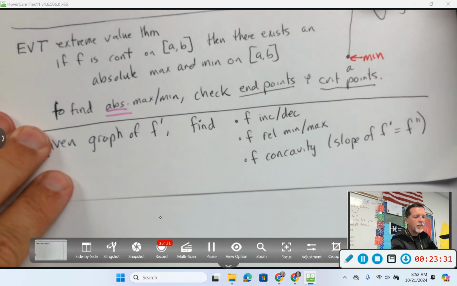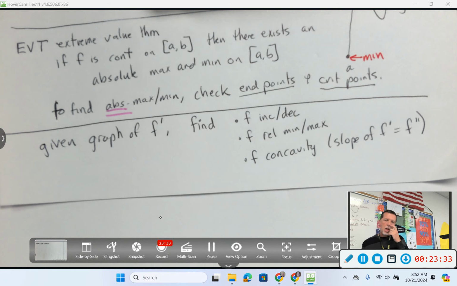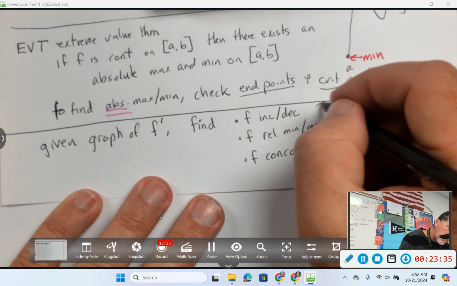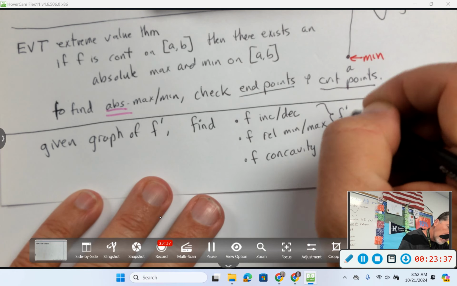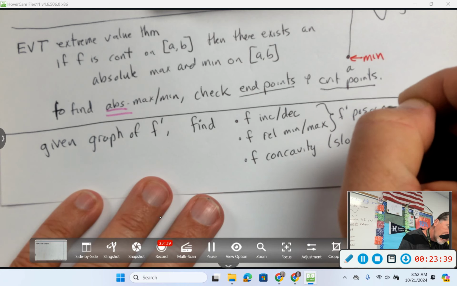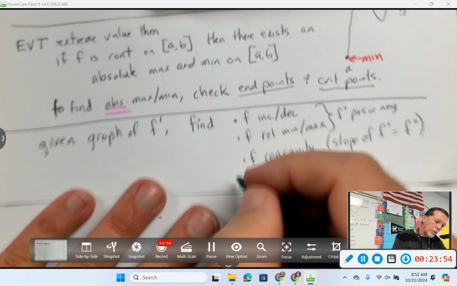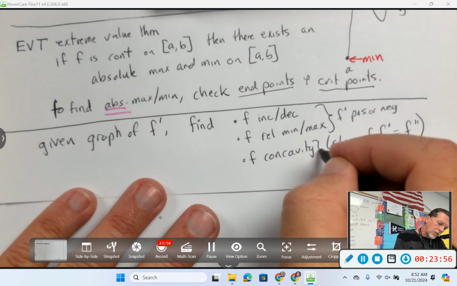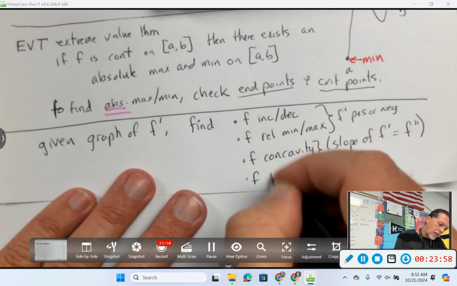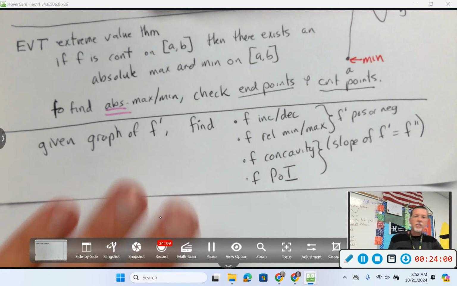So we got a graph of f prime. Actually, maybe we should back up a second. If f prime is positive or negative, that tells us things about f. F is increasing or decreasing, and then that leads to maximums and minimums. That's just whether f prime is above the x-axis or below, whether it's positive or negative. The slope of f prime tells us f double prime, which leads to concavity and points of inflection.